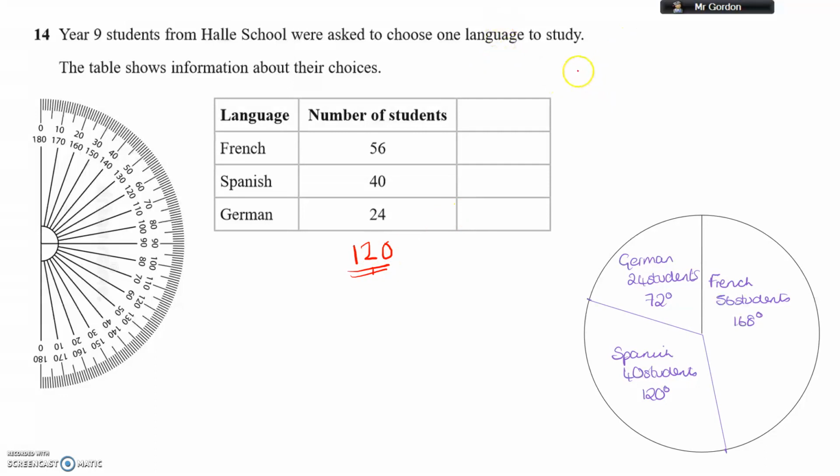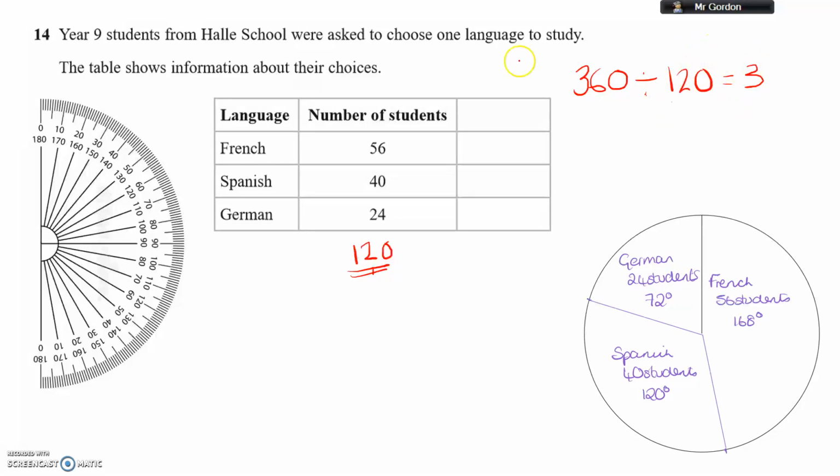So, we've got 360 degrees in our circle, and we're sharing it between 120 people. Alright, so when we're sharing, we tend to be dividing, don't we? So what is 360 divided by 120? Well, if you know your 12 times table, and you should, 12, 24, 36, that goes in 3 times. Alright, so 120 goes into 360 3 times.